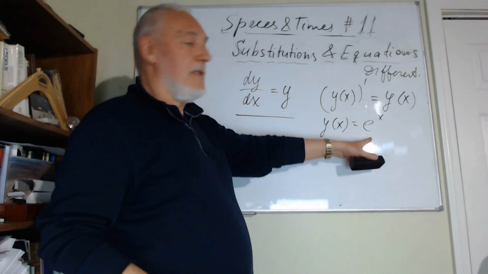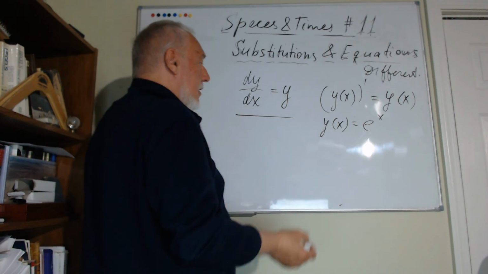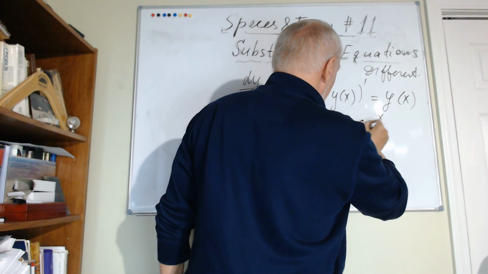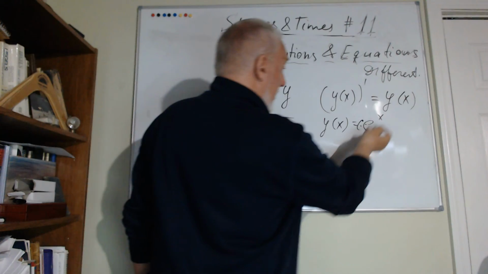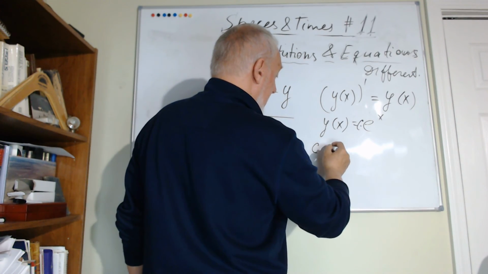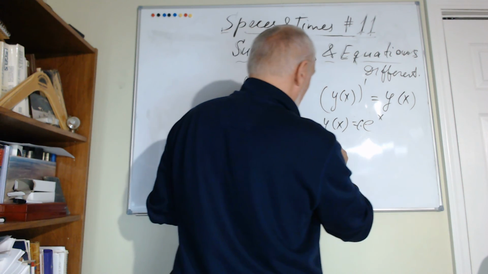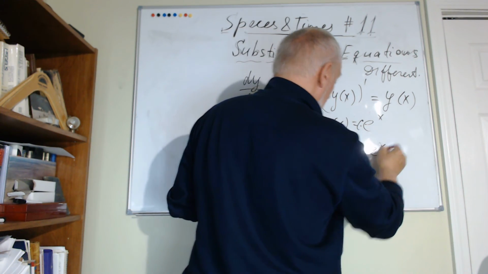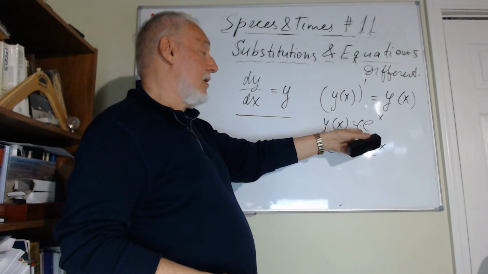Exactly. So this is the solution. But also, if you think about it a little, any constant multiplier c gives you a solution too, because if you put it here, the c just carries through, and you have c y equals c. So you may add c as a multiplier here.